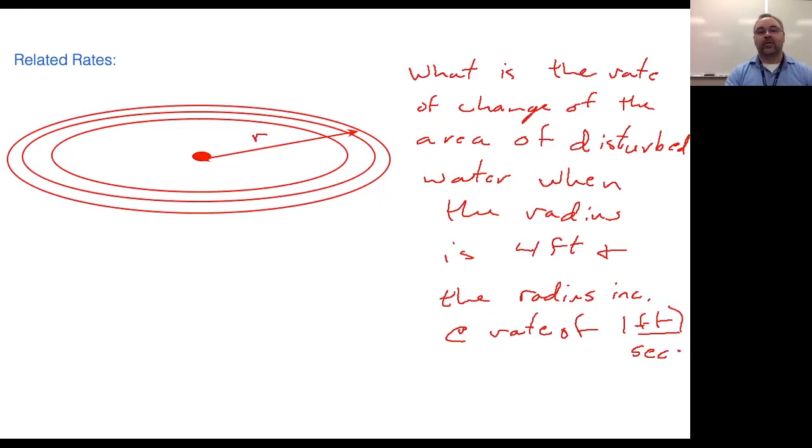So what is the rate of change of the area of disturbed water when the radius is 4 feet and the radius increases at a rate of 1 foot per second?